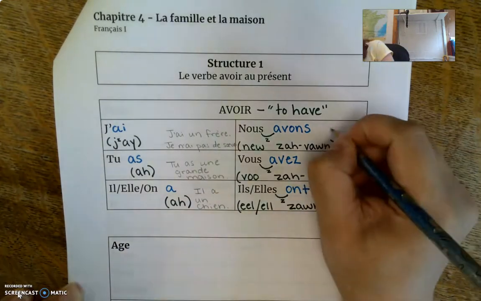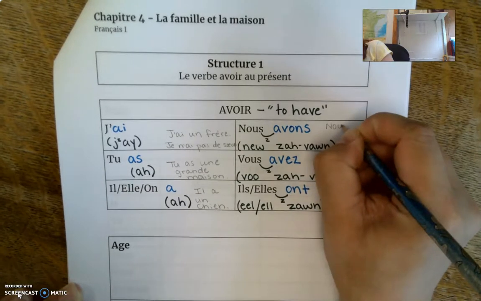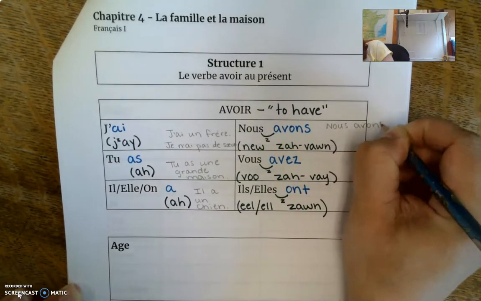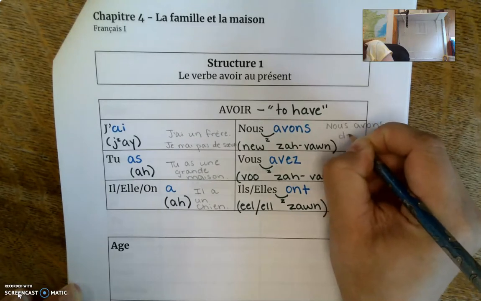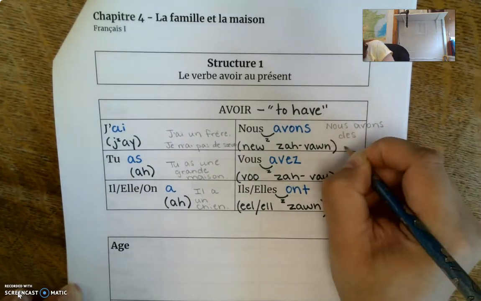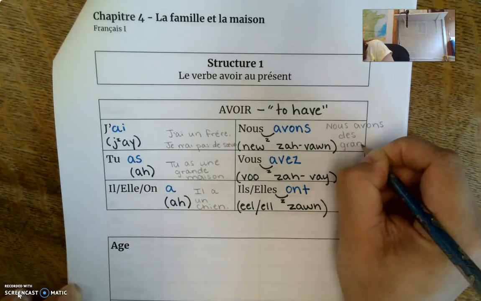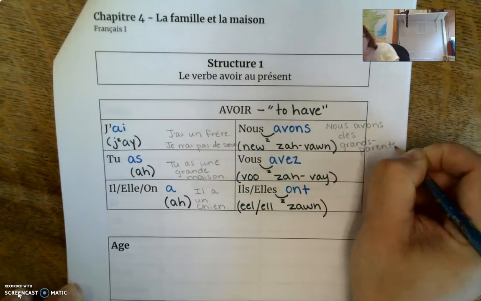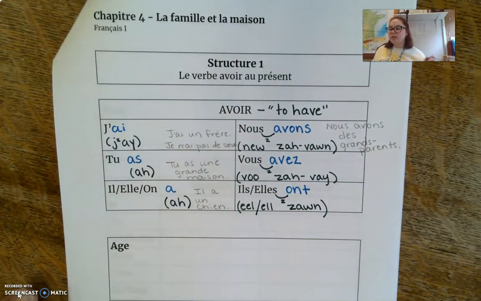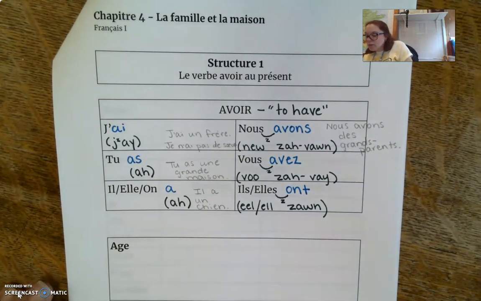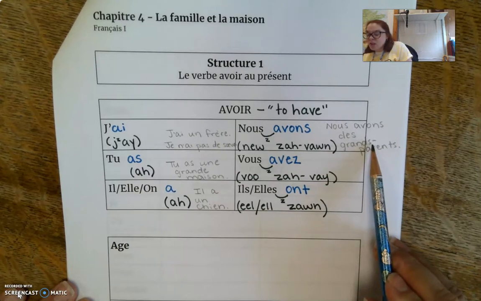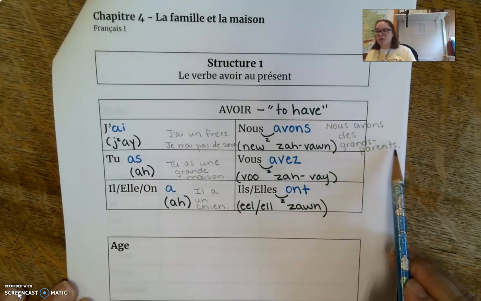We might say, nous avons des grands-parents. We have some grandparents. And remember, when we make things like grands-parents plural, we put an S with grand and with parents.